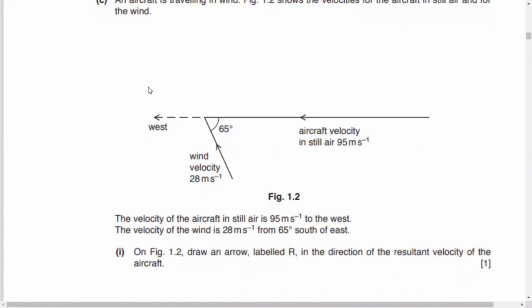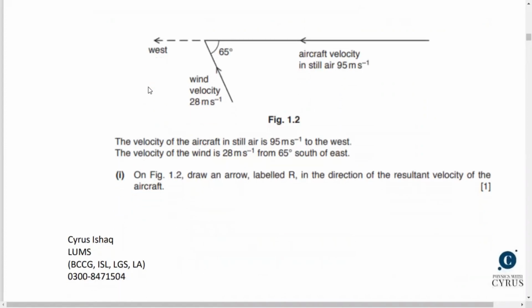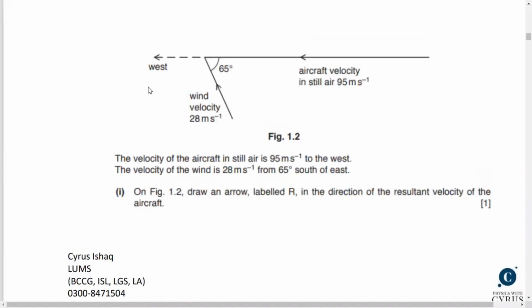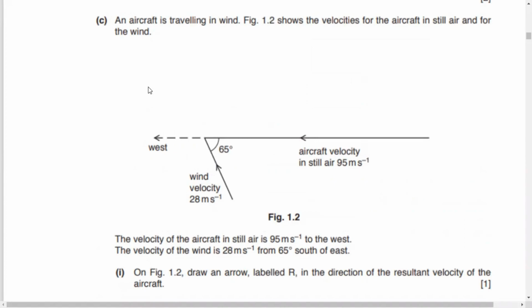On figure 1.2, draw an arrow labeled R in the direction of the resultant velocity of the aircraft. You have to find the resultant of the aircraft.